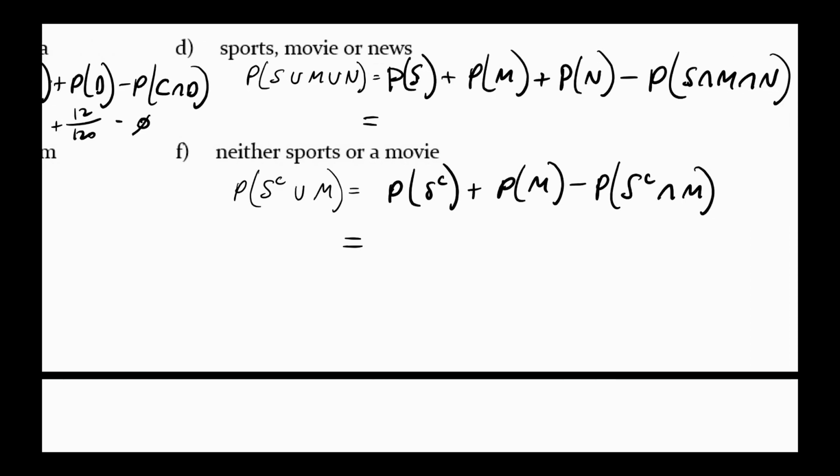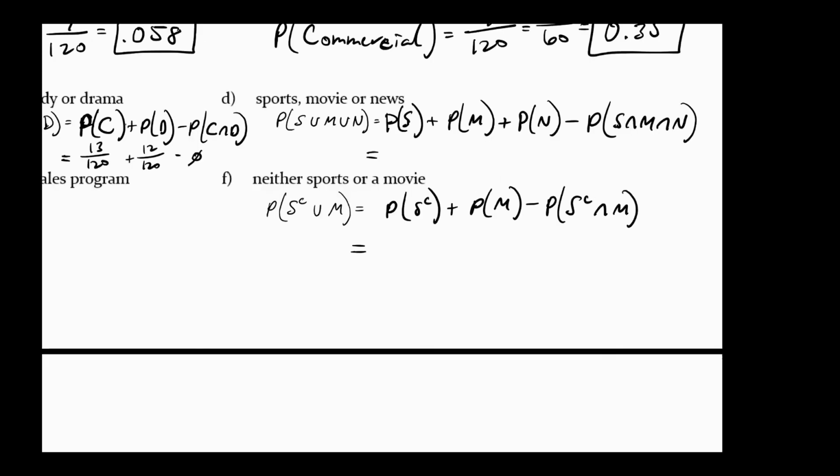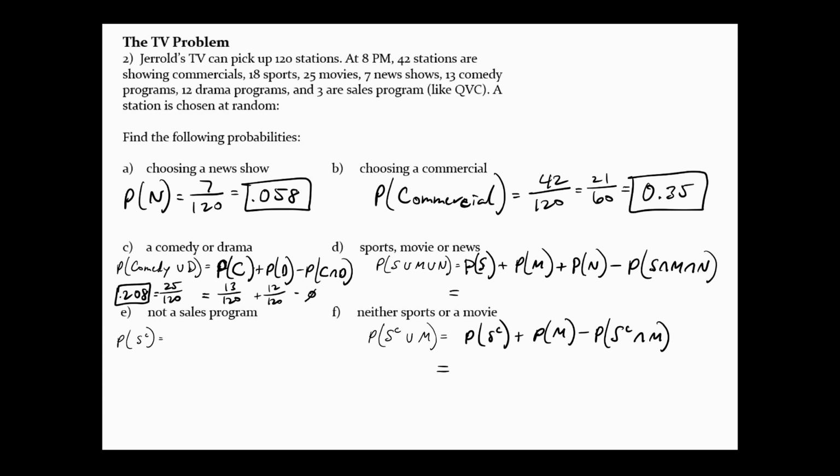Okay. Sports, movies, or news. Sports, 18 out of 120. Movies, 25 out of 120. News, 7 out of 120.